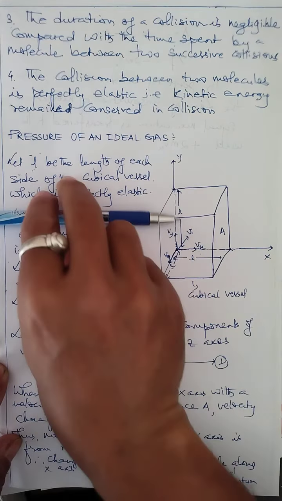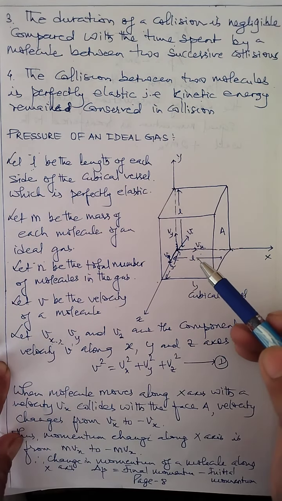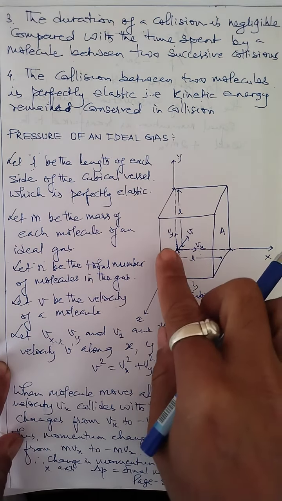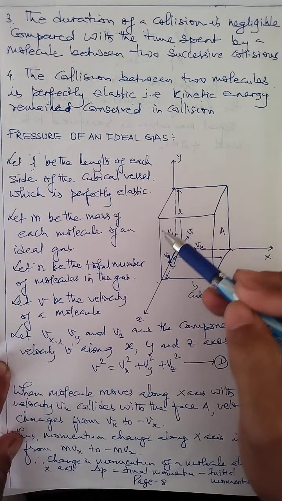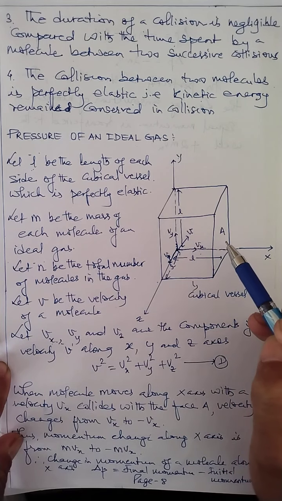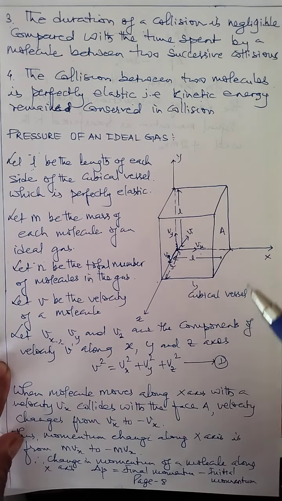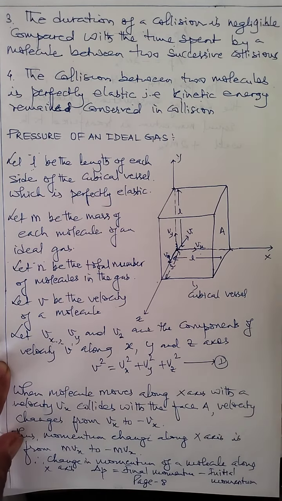So collision happened this way. Now it will rebound back, and after colliding with this opposite wall, again it will go back and have collision with this wall again. That means the collision takes place in a repeated, successive manner.